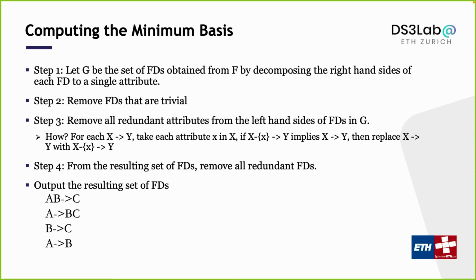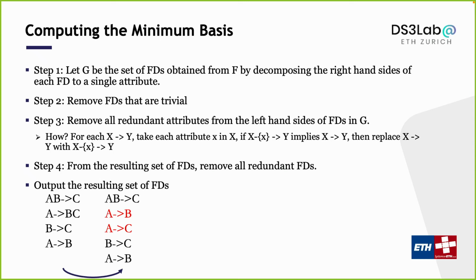Okay? So this is just one example. Let's look into this. Assuming F has 4 different functional dependencies: A, B to C; A to B, C; B to C; A to B. How to compute the minimal basis of this? The first step is to decompose it to make sure every single rule has a single attribute on the right-hand side.